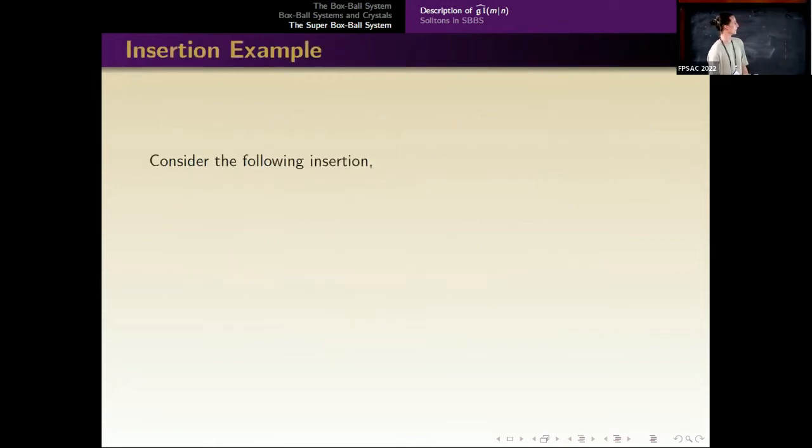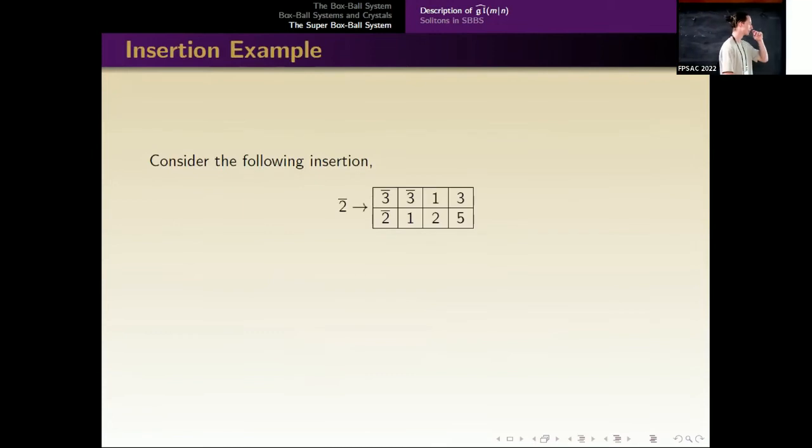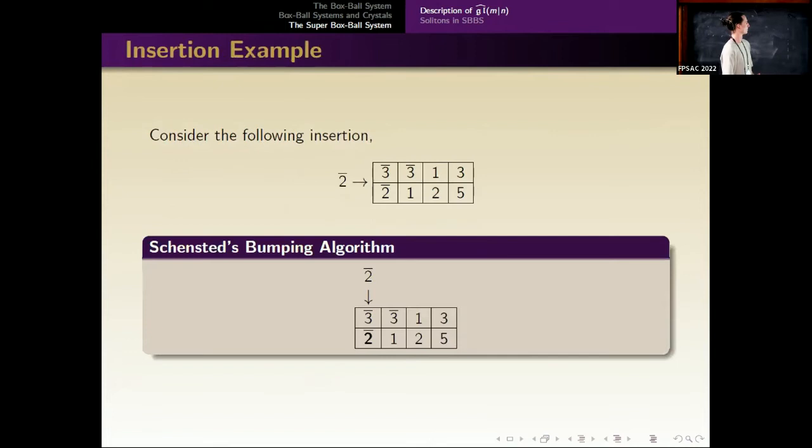Okay, so I'll go through an example of insertion. We're inserting 2 bar into the following tableau. In this example, we're doing column insertion. So we begin by inserting 2 bar into the first column. We have to look at the entry that we're inserting and whether or not it is bosonic or fermionic. This changes how we do the Schensted bumping algorithm.